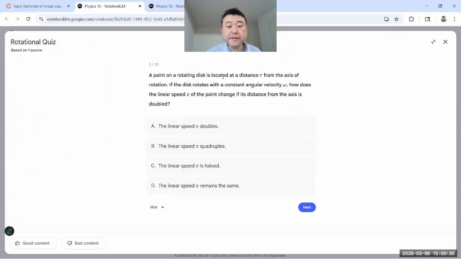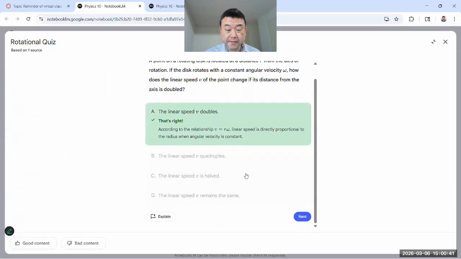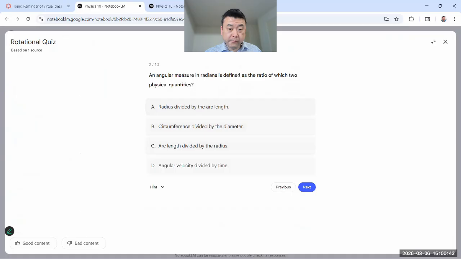Point on a rotating disk, constant angular velocity. How does the linear speed change? Doubles, I think. Angular rate. Sorry. As the ratio of which two physical quantities? It's the arc length divided by radius.